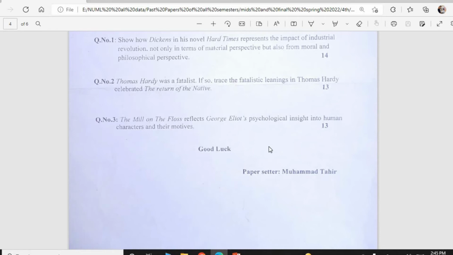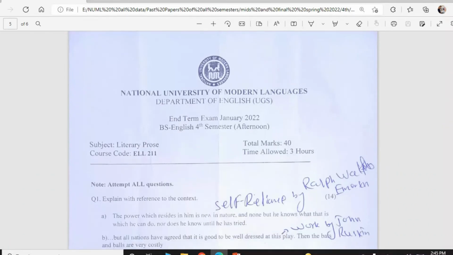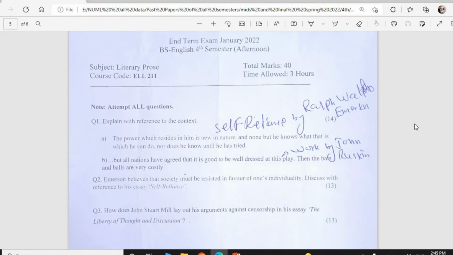She represented her own life through the character of Maggie. So psychological insight, the children's psychology, is represented there, right? So you can relate to this question, obviously discussing other characters as well, their psychological development and things like that.